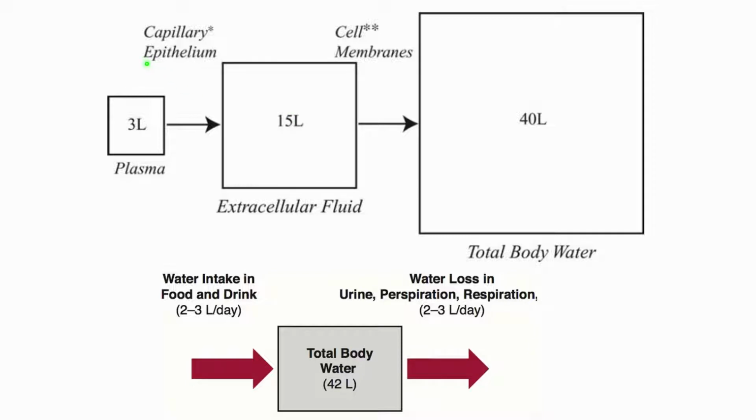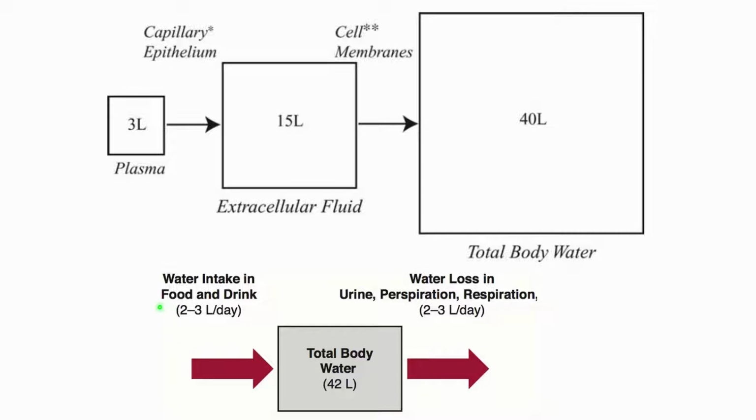And to get into extracellular fluid, a drug needs to cross the capillary epithelium. Next, coming to cell membranes, you are getting into 40-liter total body volume. 40, 42, slightly more, slightly less for a different human being.